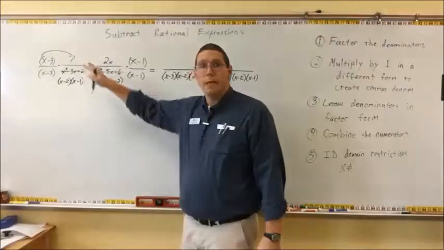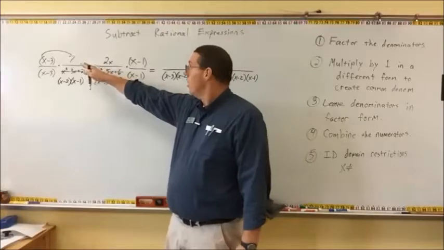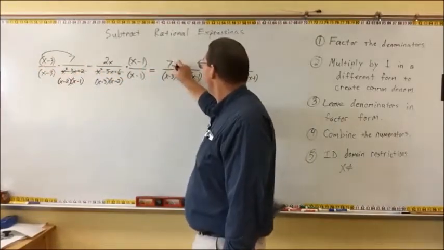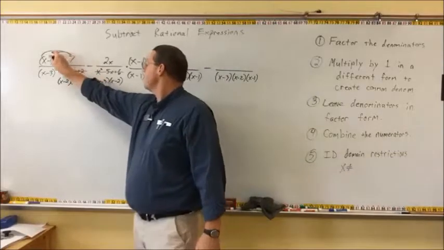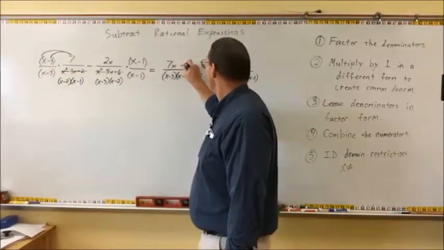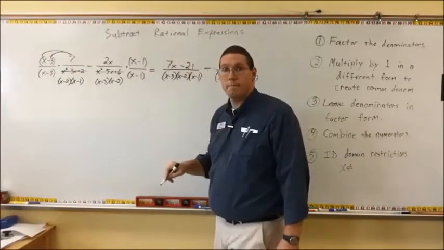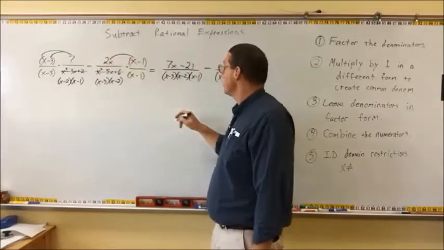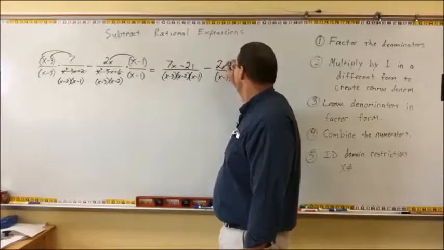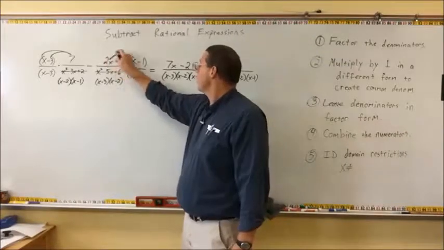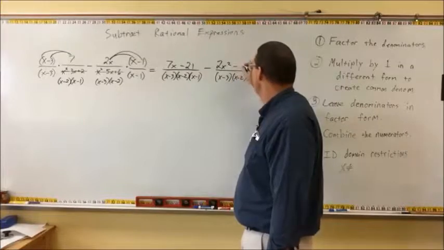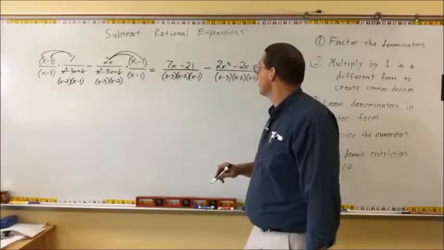All right? Now, the numerator. Over here we've got 7 times x is 7x, and then 7 times negative 3 is minus 21, right? And then here we've got 2x times x is 2x squared, and then 2x times negative 1 is negative 2x.